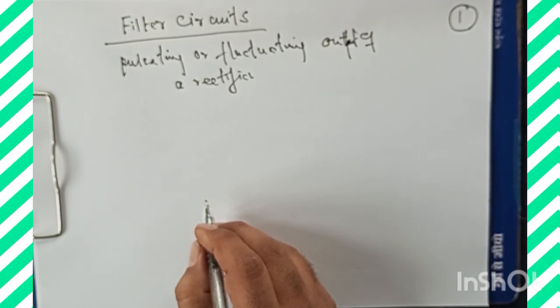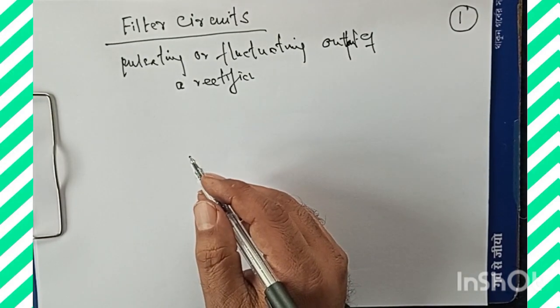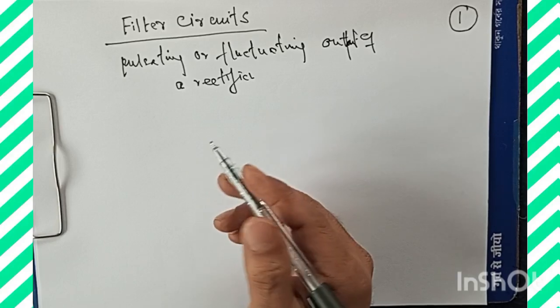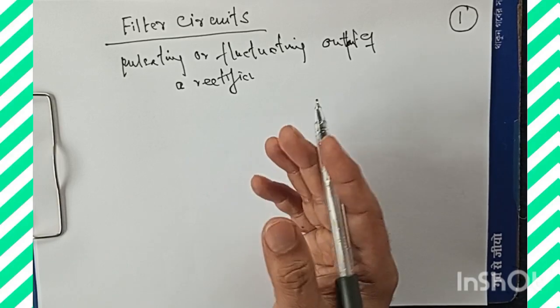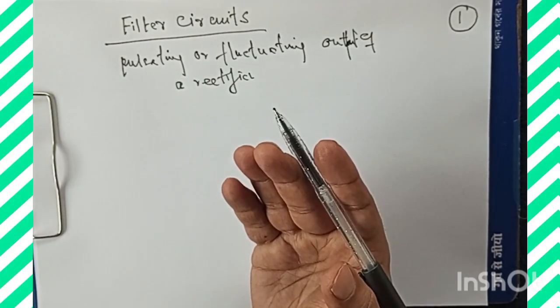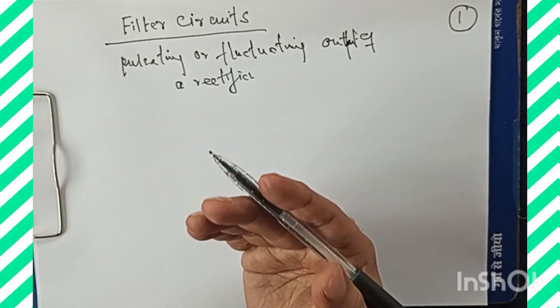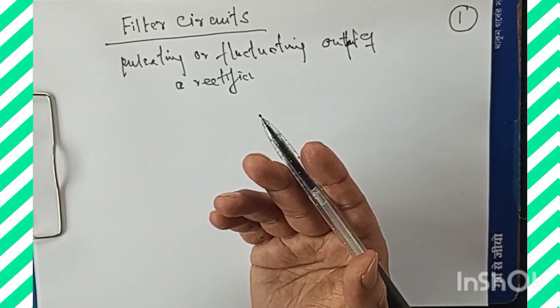I can't help that. The output voltage of a rectifier is unidirectional. That's true, but it does not have a steady value. In fact, the output of a rectifier has both AC and DC components in it.